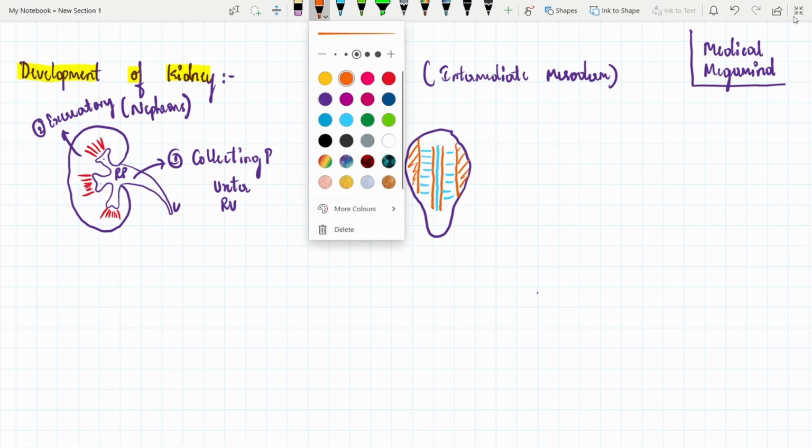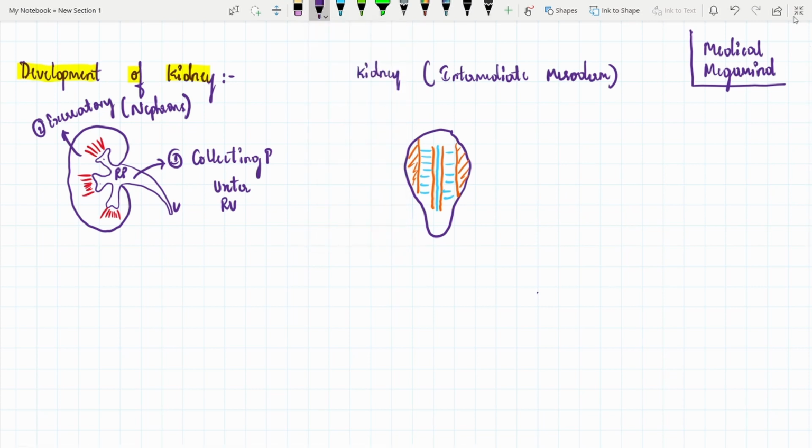The intermediate mesoderm extends from the cervical region to the sacral region, all along this axis. And also you can see the thoracic region and lumbar region. These are the regions of intermediate mesoderm.